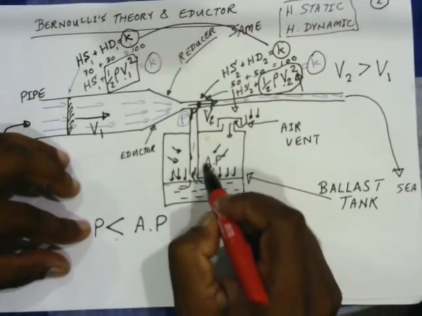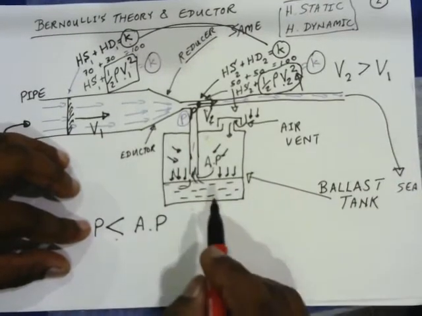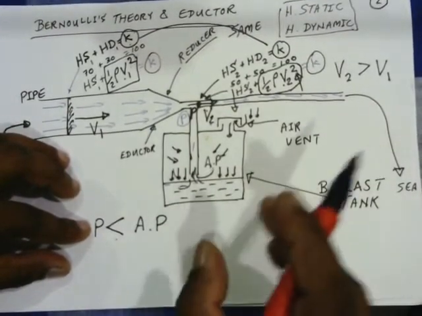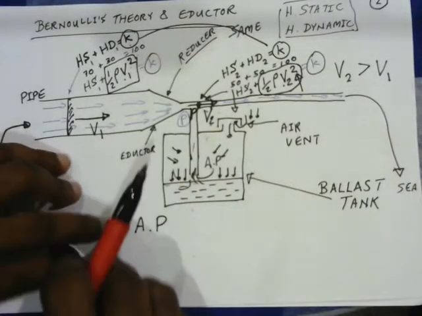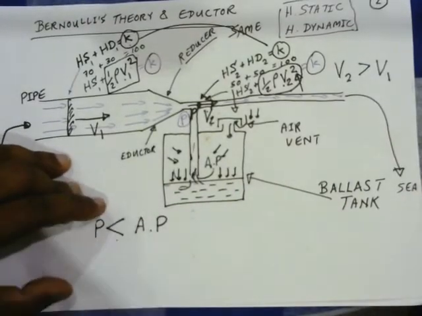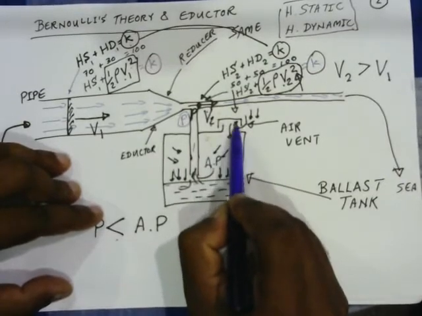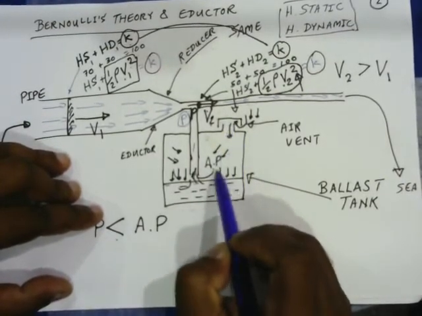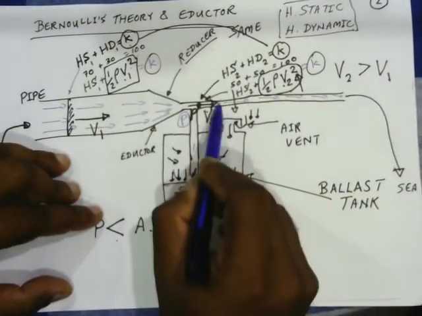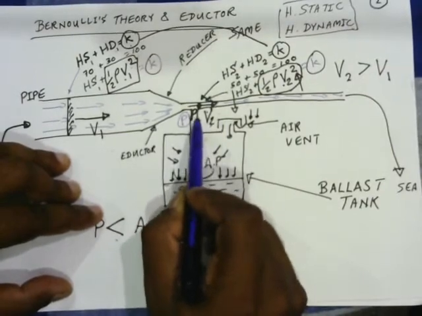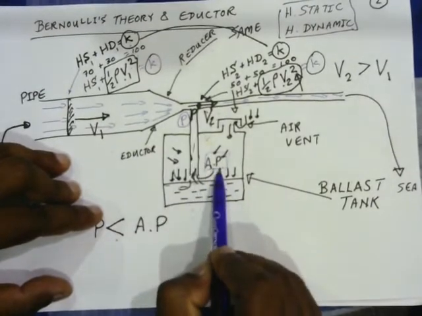So you don't have to prime this eductor system like in a centrifugal pump where you have to fill the water and prime the system. Here you don't have to prime anything, because as long as your air vent is working well, and the atmospheric pressure is coming inside, and the velocity is such that this pressure reduces below the atmospheric pressure.